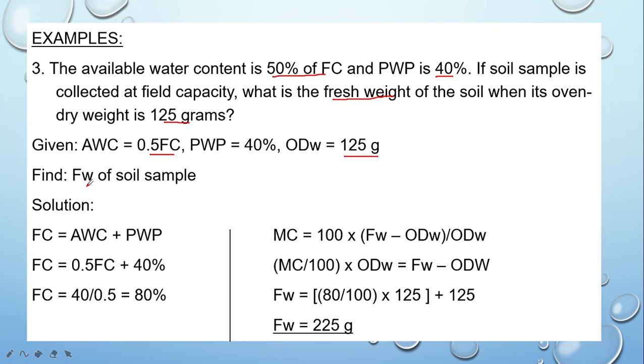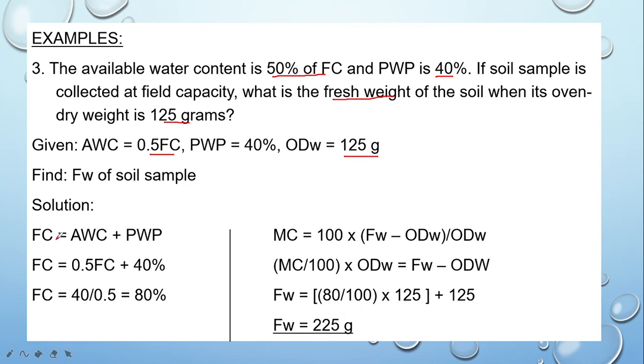So first, we get the field capacity, so we get the moisture content at field capacity. How do we get this?